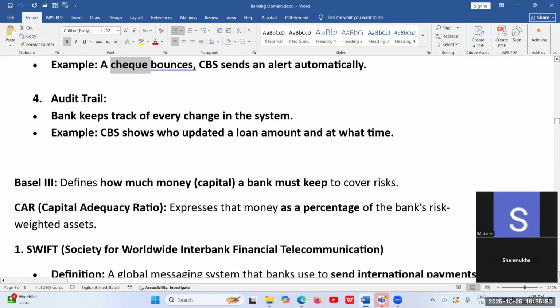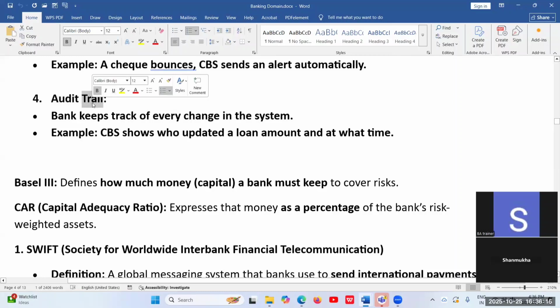And we have audit trail. The bank keeps track of every change in the system. For example, Shanmuka, you reach out to the bank and ask them to change your mobile number, so they will change your mobile number. Whatever changes have been done will be saved. That we call audit trail. That history will be recorded.